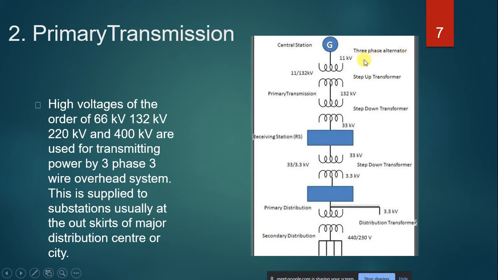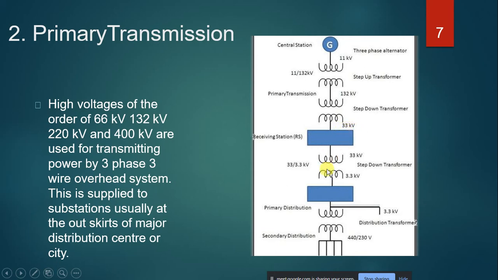You have a three-phase alternator which will produce 11 kV. Stepped up to 132 kV. Transmission is possible with only 132 kV. Stepped down at the receiving station. This is called a substation. This is a 33 kV substation.